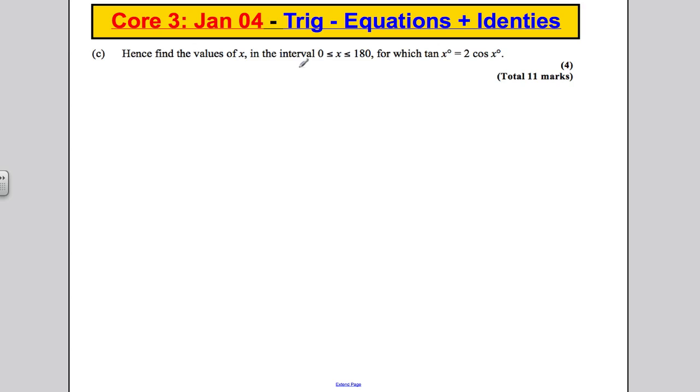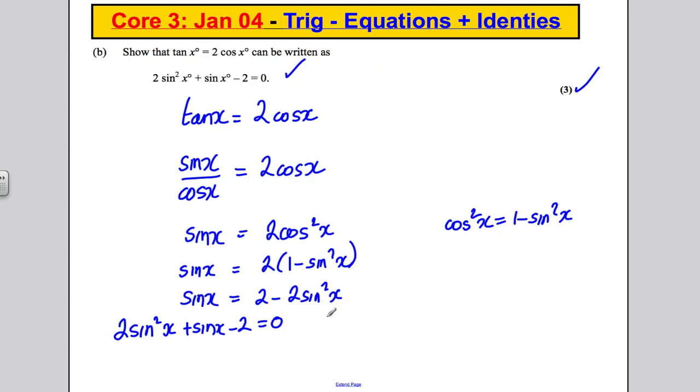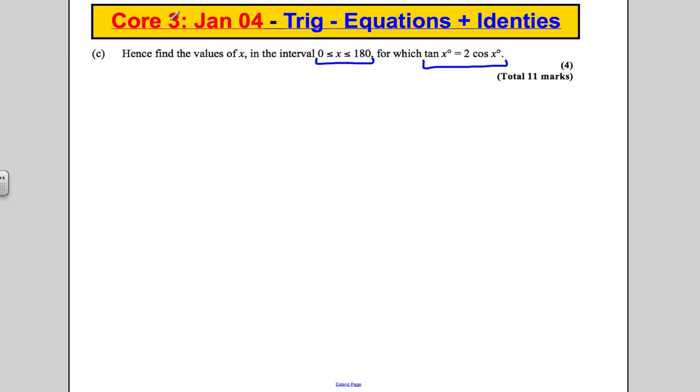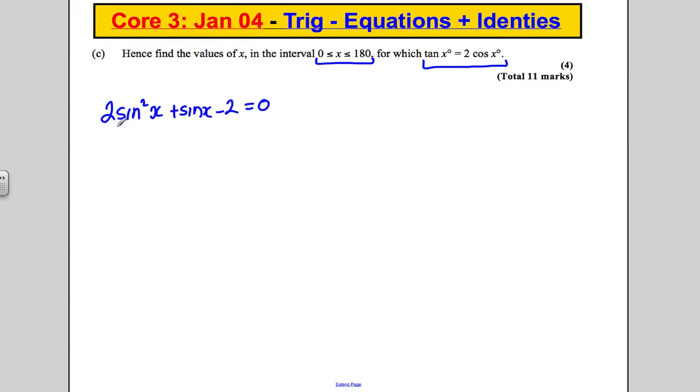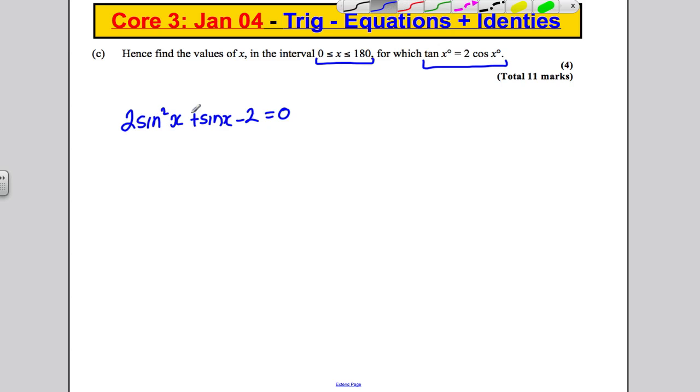And last part, hence find the values between 0 and 180 for which this is equal to that. I know solving that equation is equivalent to solving this equation here, because I've just shown it in the previous part. So I'm actually going to solve this equation between 0 and 180, and I can't actually factorise this, so I have to use the quadratic formula. Sin x, where a is 2, b is 1, and c is negative 2.